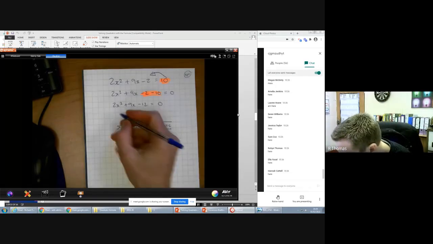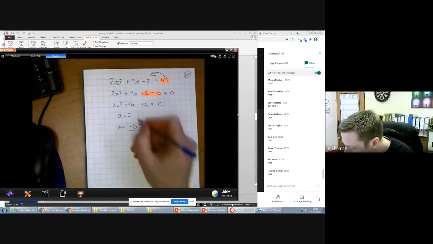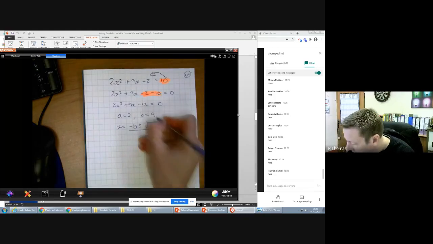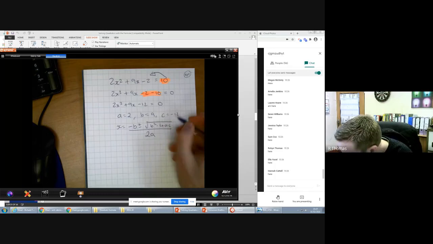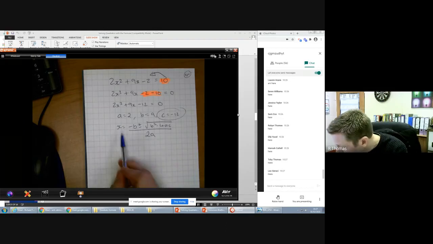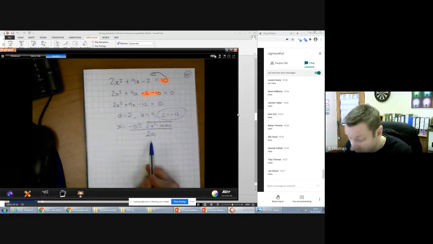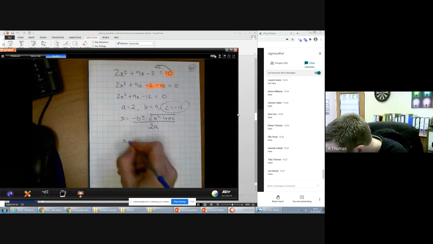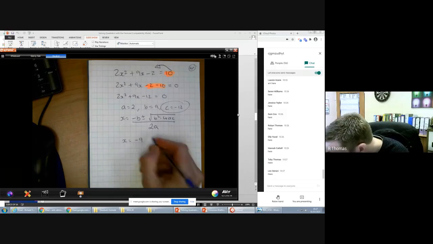Right, so A is 2, B is 9, C is -12. If we're going to make a mistake on this one, it'll be that C is -12 bit. So let's substitute in the numbers into the formula. So x equals -9 plus or minus.